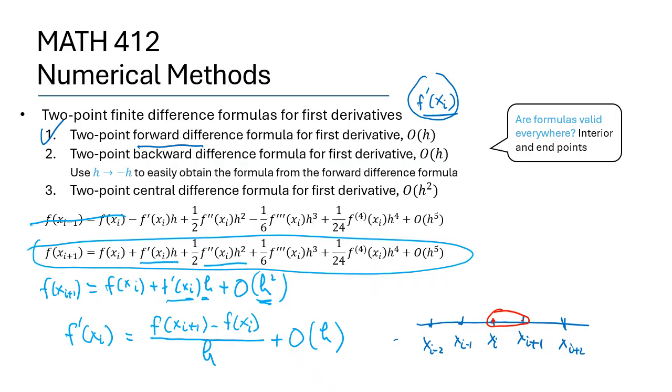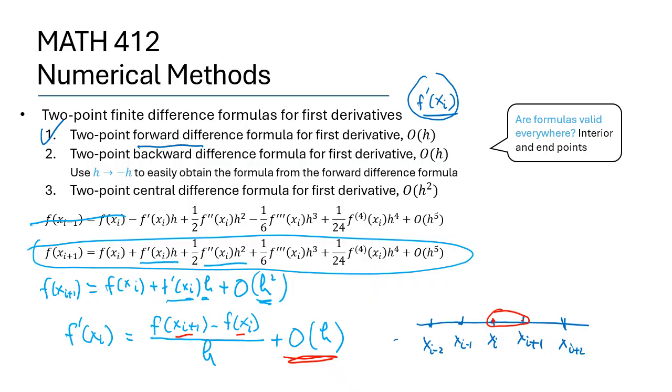That's a 2-point formula. It uses 2 points, xi plus 1 and xi. It's forward. And this is the finite difference formula for the first derivative at xi with this truncation error.